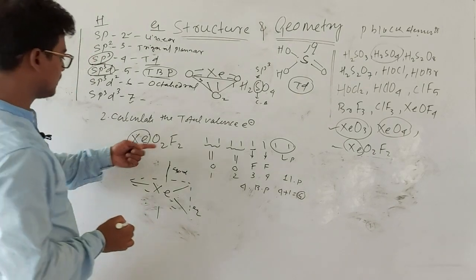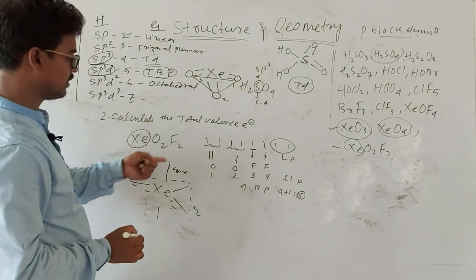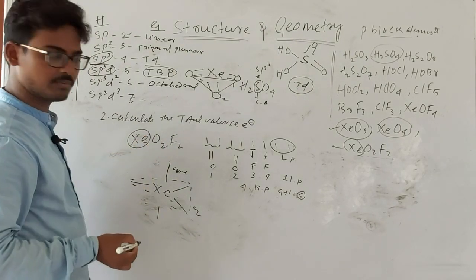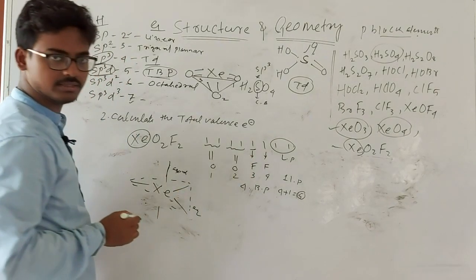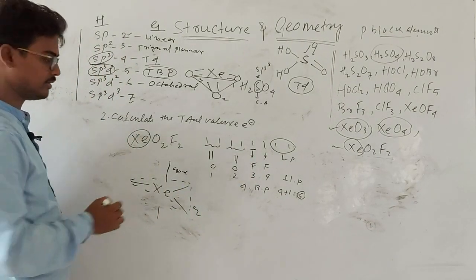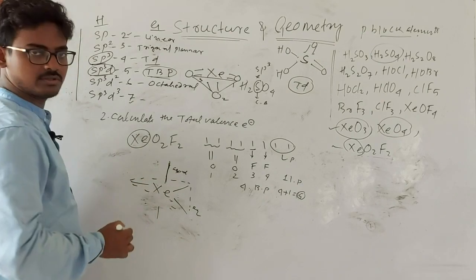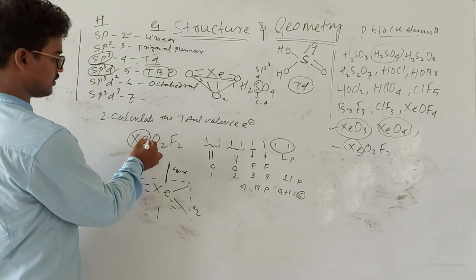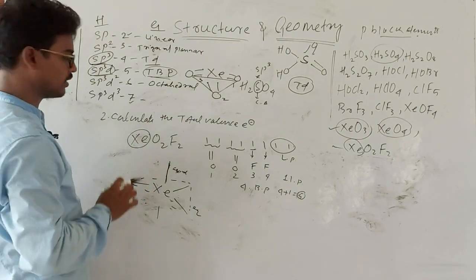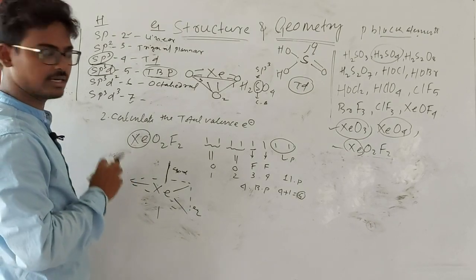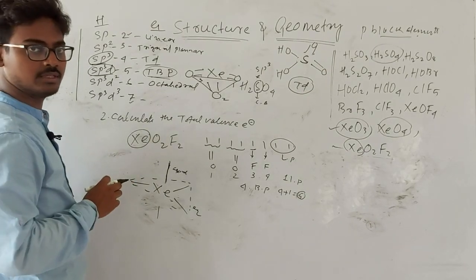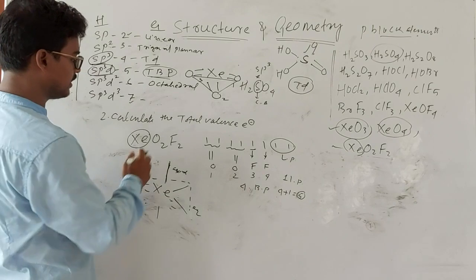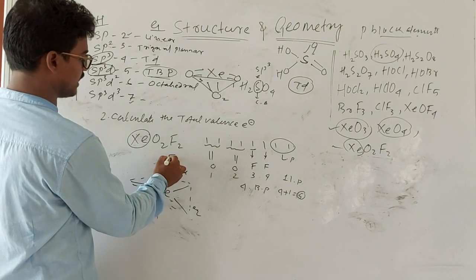So how will you know where to keep the oxygen and the fluorine, and also the one lone pair? Remember this one. For the TBP structure, among the atoms present around the central atom, the more electronegative element will be present in the axial position.